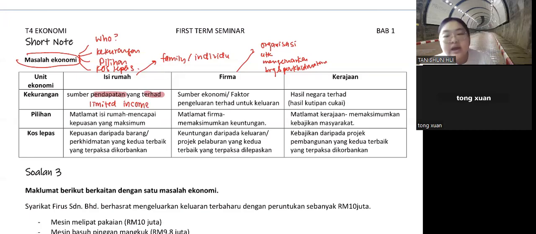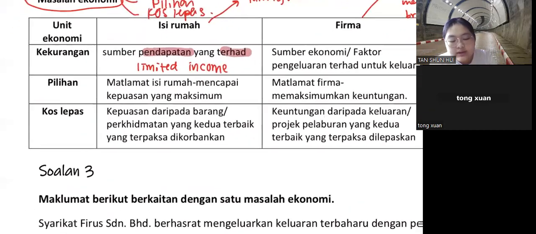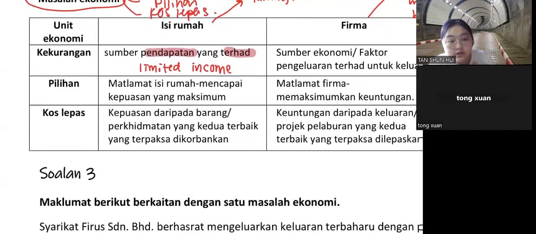Now, when we have limited income, we cannot buy all the things we want. So what happens? We got to membuat pilihan. How do you make choices? You will always choose something that maximizes your satisfaction, kepuasan. Whichever makes you satisfied.